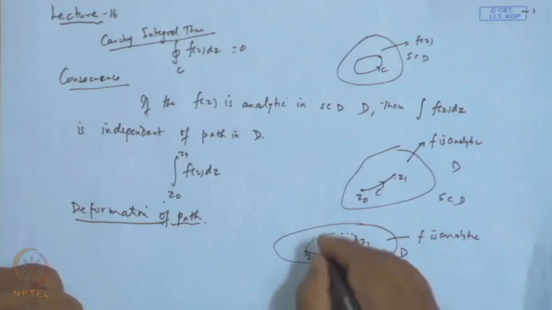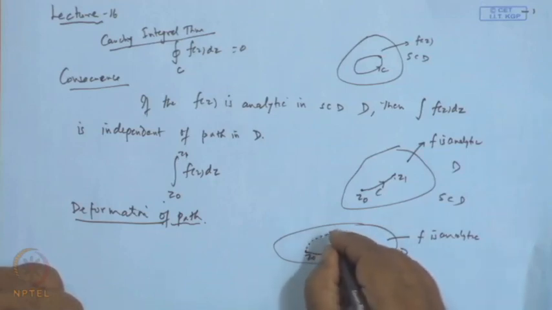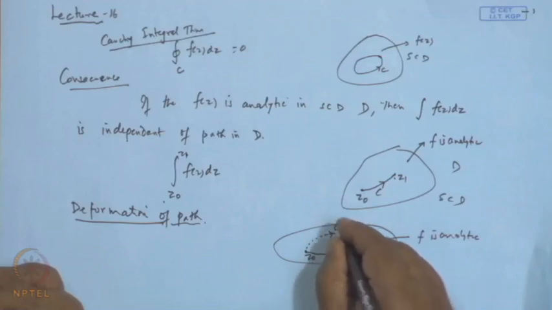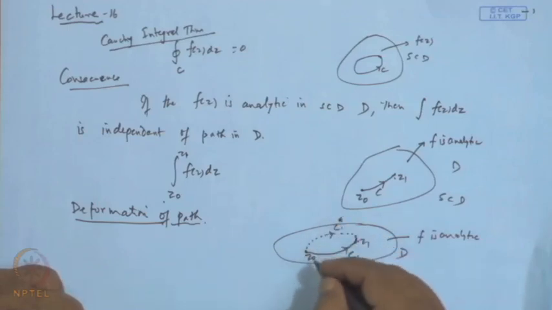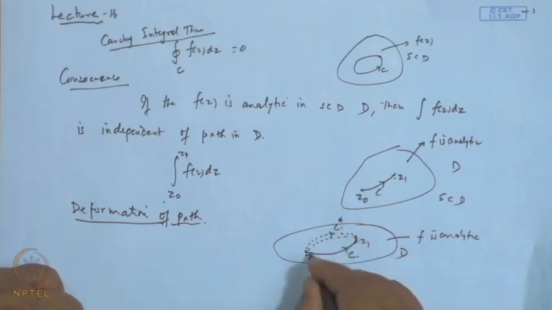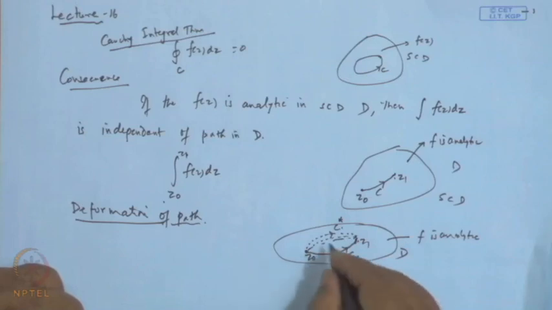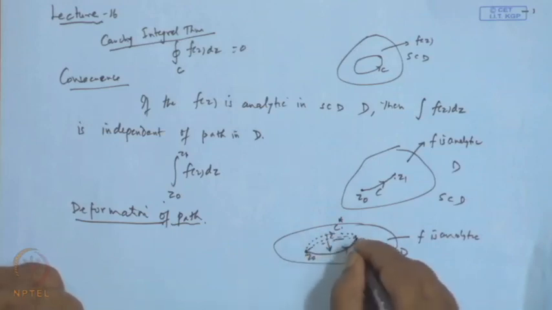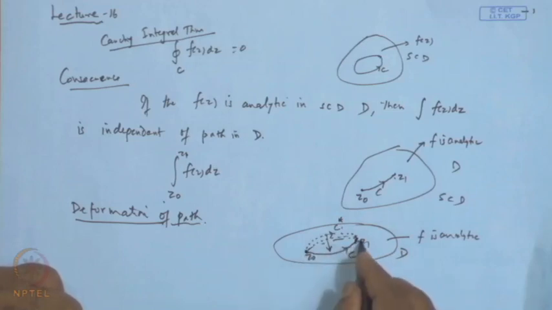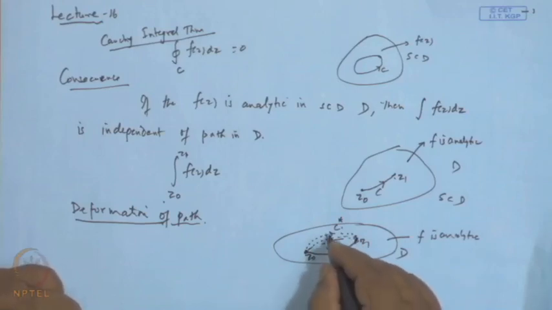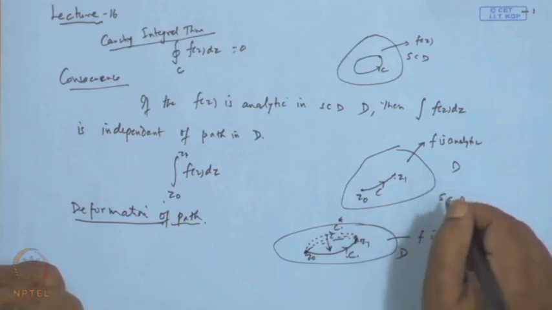So we can think of this other path as, suppose, C star. Then consider infinitely many paths joining point z0 to z1 in such a way that they keep on reducing and go up to C. In this process the points z0 and z1 are fixed, meaning the path will always join z0 and z1, but it approaches C, and the function should be analytic at the points through which the curve passes.